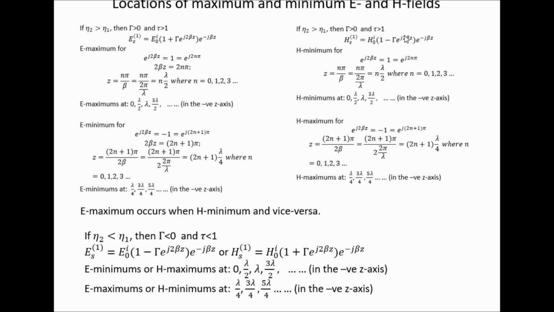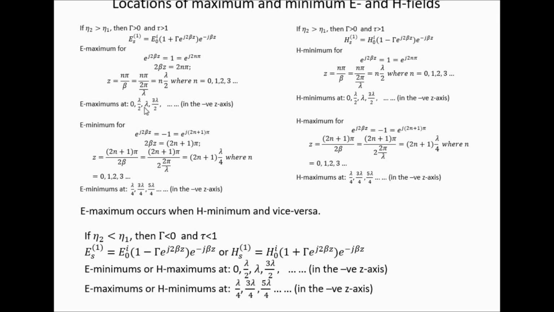So this value should be negative 1 to get a maximum. And to get a minimum, this value will be positive 1. So H field will be minimum when it is positive 1, and H field will be maximum when this is negative 1, you got this field.